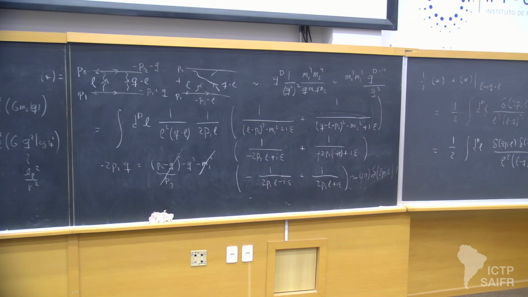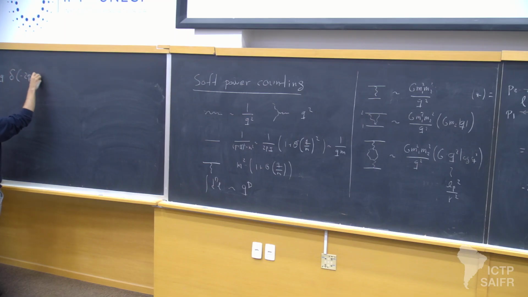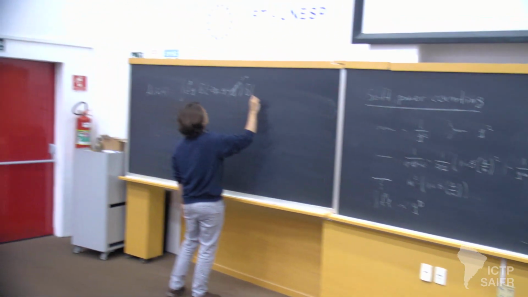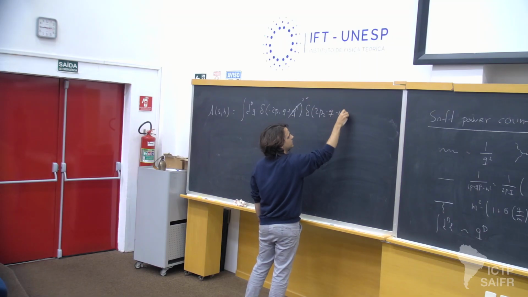So our Fourier transform with SB, this was ddq delta 2p1 dot q plus q squared. But this is small, so let me just expand. 2p2 dot q plus q squared.